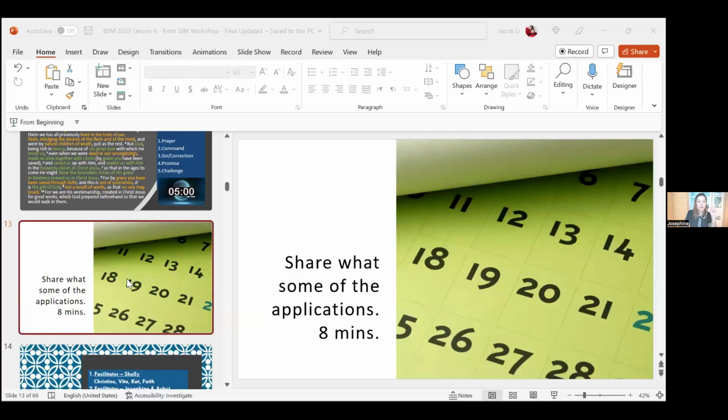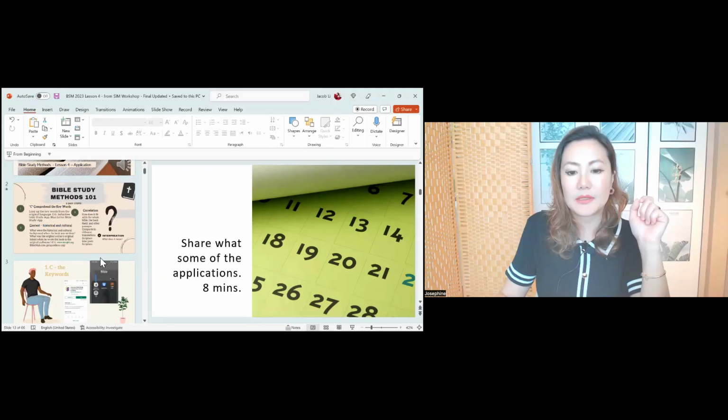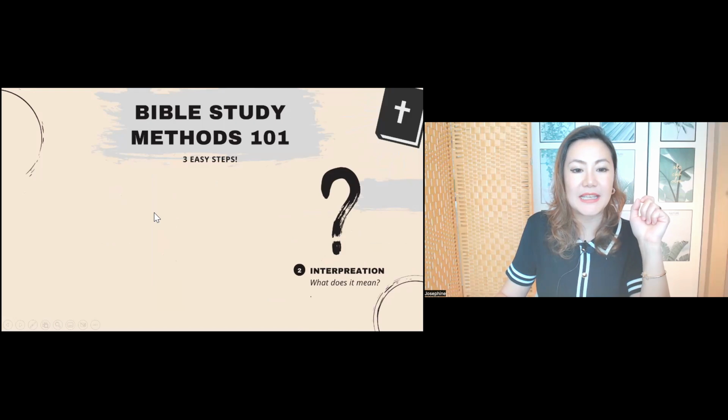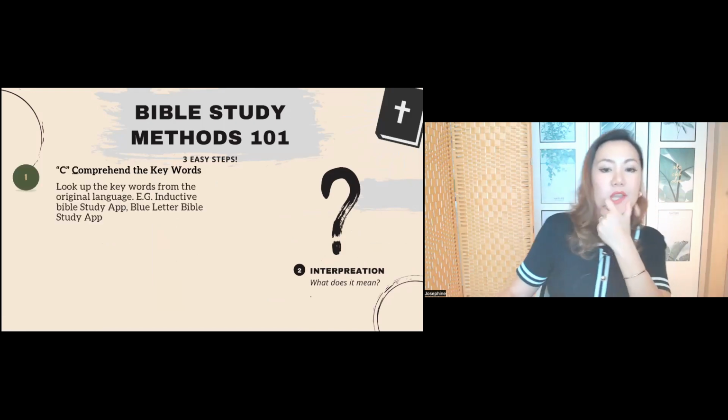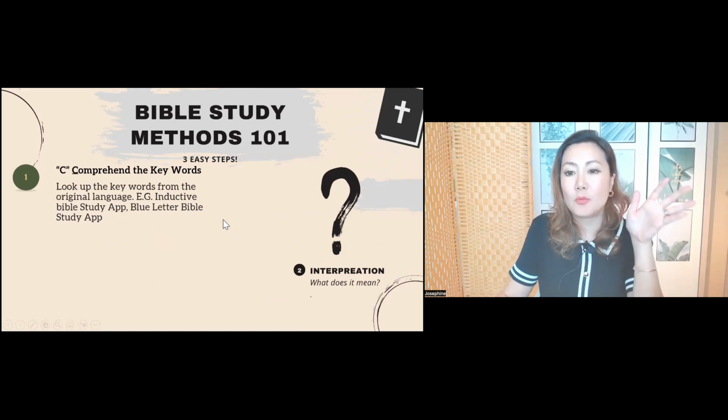All right. So let us just go over what we're going to talk about today. Last week, we talked about correlations. Let me just share my screen here. So we talked about looking up the keywords from the Inductive Bible Study app, which was your homework last week.